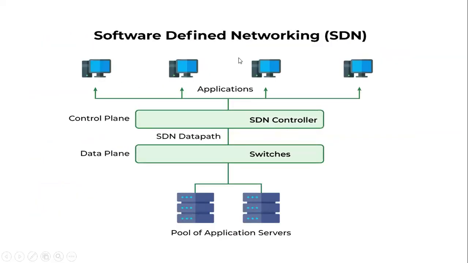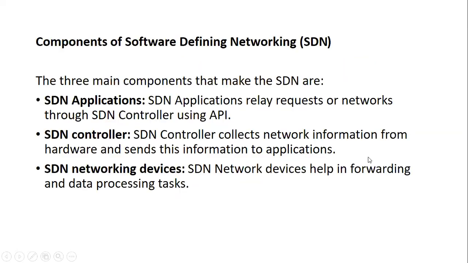So SDN works on these planes, data plane and control plane. Here you can see this is the pool of application servers, and the data plane includes different switches, and the control plane includes the SDN controller, from where it controls different applications. So this diagram is showing the software defined network.